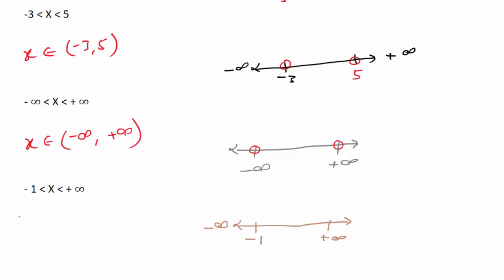The next example says that x is greater than minus 1 and less than plus infinity. So we will put a hollow circle on plus infinity and again a hollow circle on minus 1 because both the numbers are not included in our solution set. And in the set interval format we will write x belongs to an open round bracket on minus 1 and a closing round bracket on plus infinity.